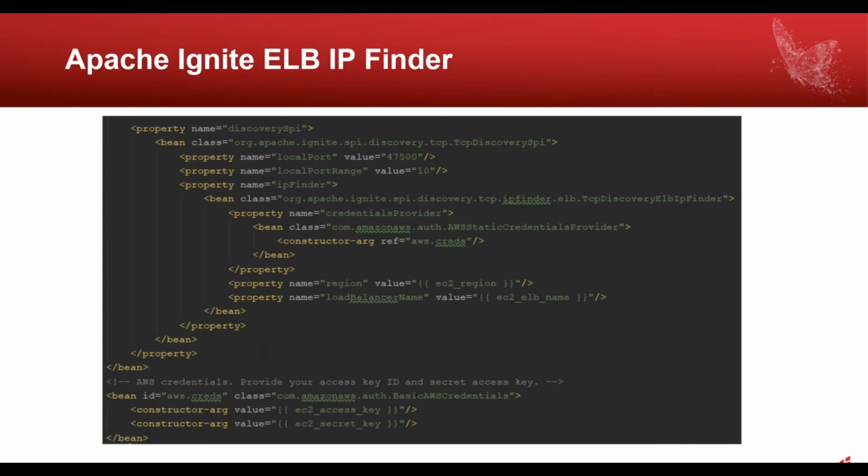Using this information, we can set up this IP Finder for your Apache Ignite server, for example. When you start one more node, this node will connect to this load balancer and get the information about all other nodes that use it. So it will get all the information and will know how to connect to another node.